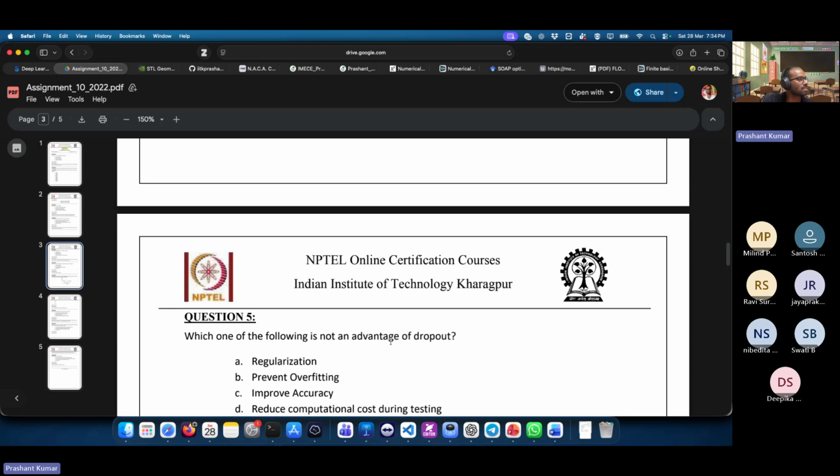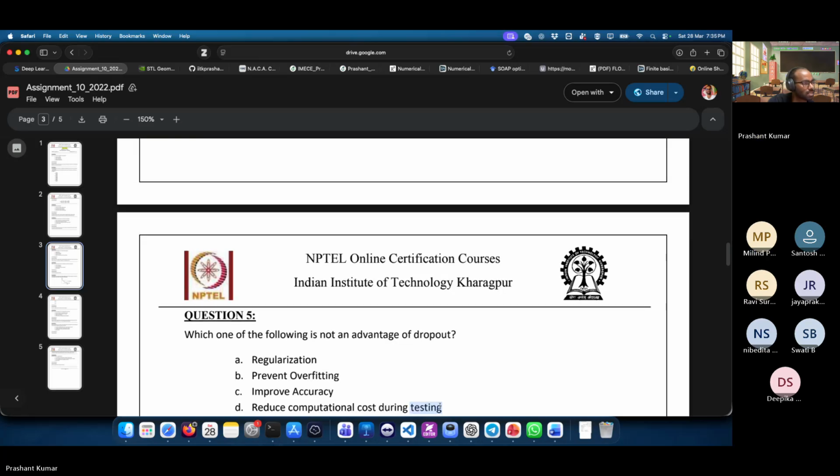Which of the following is not an advantage of dropout? Accuracy. D is definitely required, so improving accuracy is also needed. Prevent overfitting. No, this is testing.